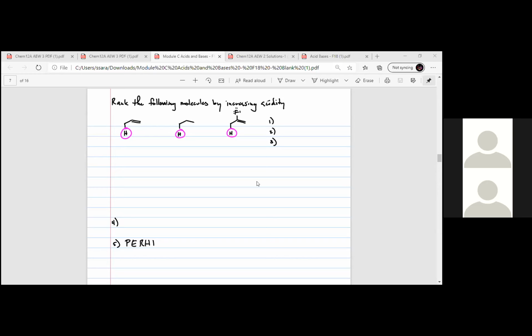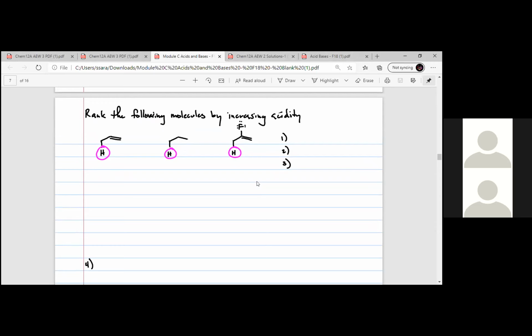So fluorine in this scenario is electron releasing, right? How do you know it's electron releasing? That's kind of confusing. Electron releasing just means that when fluorine leaves, fluorine is going to take that electron. So then the carbon in the center, let me do the annotation, is going to end up with a carbocation, right?